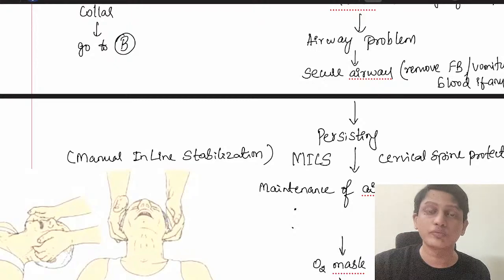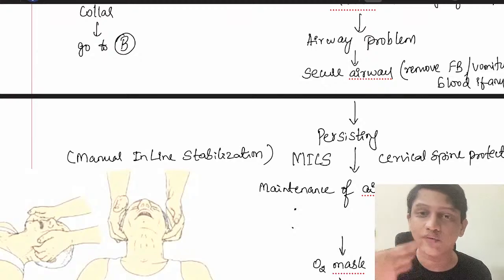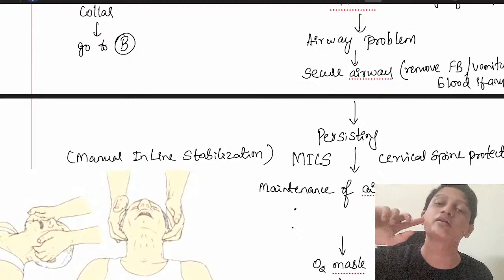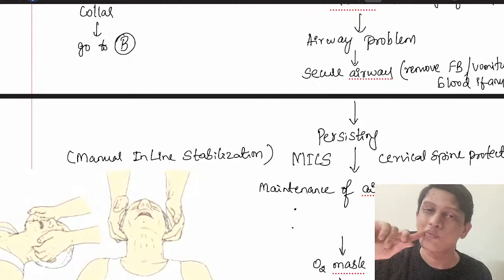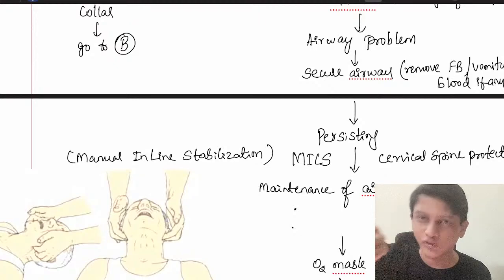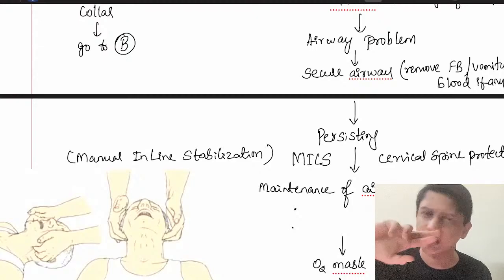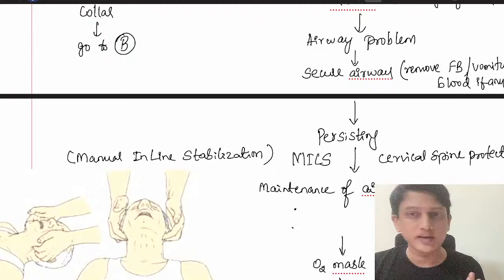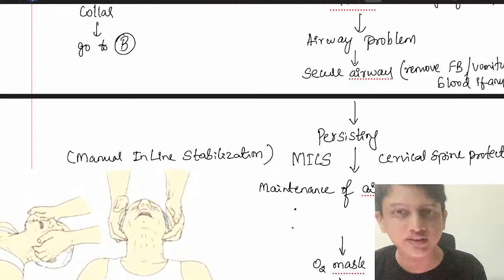Most of the time, the common thing to block the airway is tongue fall. The tongue has fallen back when he has become unconscious. So put your finger and try to remove any foreign bodies, secretions, or tongue, just try to pull it out. Most of them recover from the blocked airway with that only.